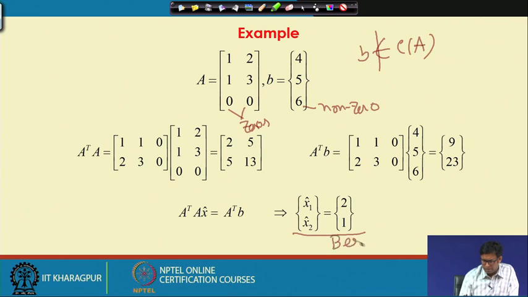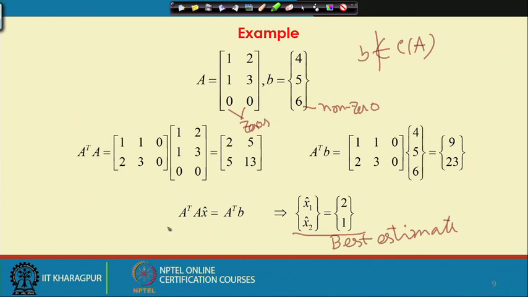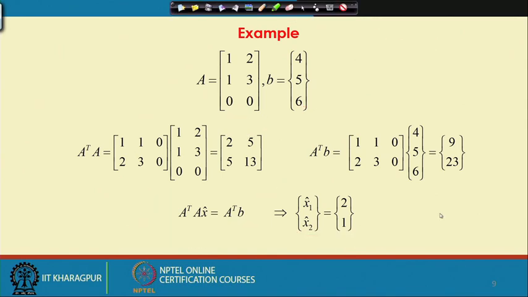This comes from solving the normal equations. You just substitute A transpose b here, substitute A transpose A here, and we can solve this, because it is a 2 by 2 system, we can quickly check it also.